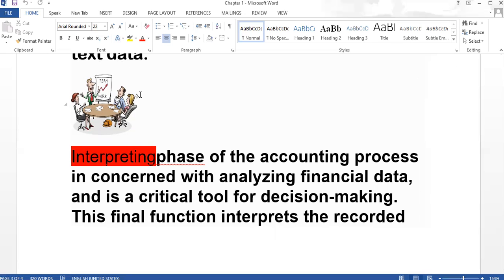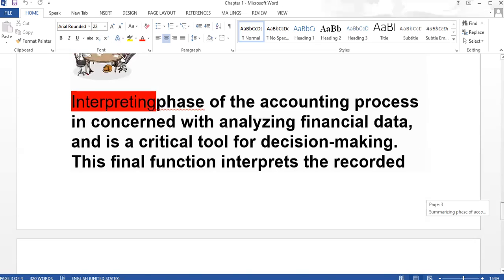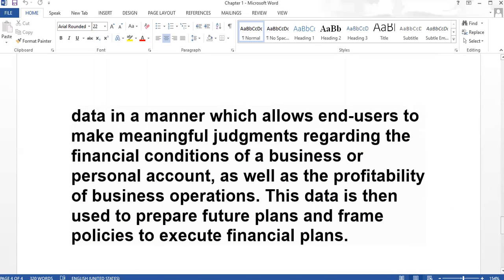And this will help them to make decisions for the future. Let us say, for example, how to avoid unnecessary expenses and how to cut costs. How to do better marketing? What are the ways to promote their goods or services? All these decisions can be made with good financial data and interpretation of data.